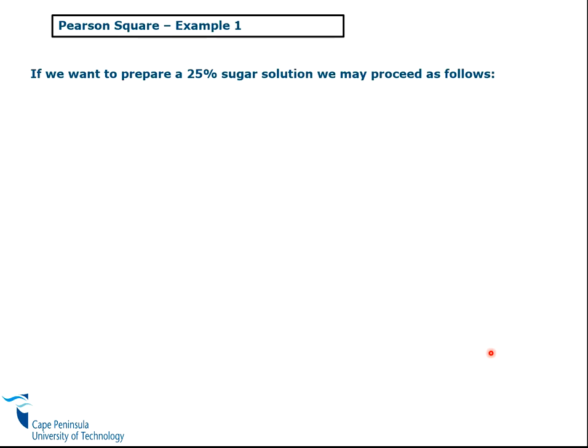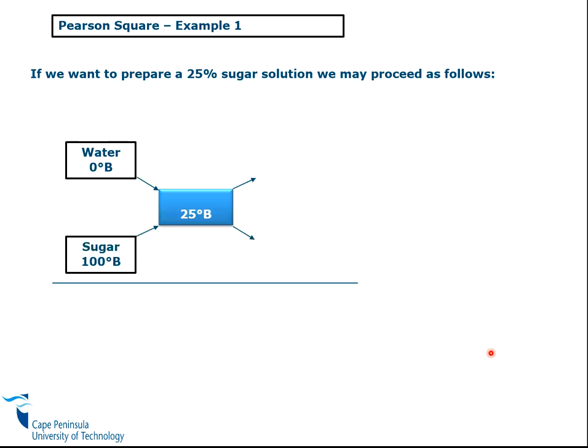If you are asked to prepare a 25% sugar solution, this is how you may proceed. One thing that you need to note is that this is a sugar solution, so you are going to dissolve sugar crystals in water. So you have water here, which is 0 degree Brix, and we have sugar, which is 100 degree Brix.